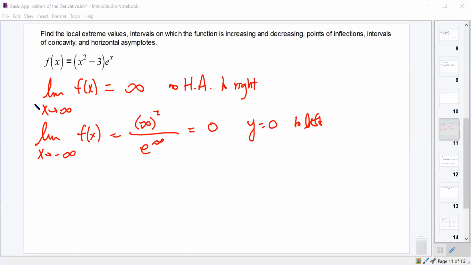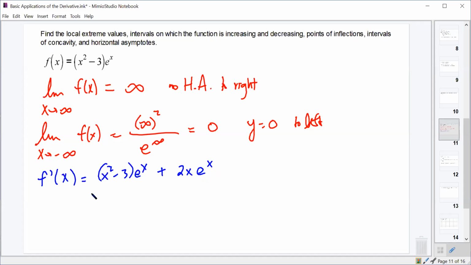All right, so now we'll take our derivative to do the increasing and decreasing in the local extrema. So f prime of x should be, and we'll need to use the product rule for this, so it'll be first function times the derivative of the second function plus the derivative of the first function times the second function.